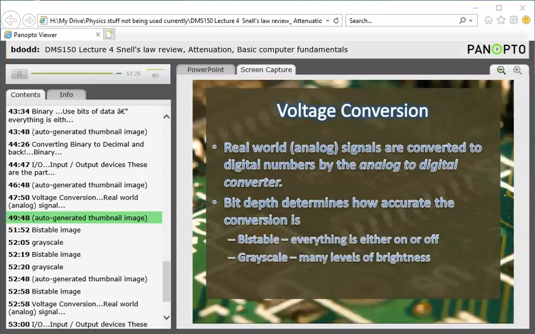If I have a bit depth of 256, then we can see 256 different values. So we're talking about a bit depth, the resolution that the computer is able to see things at. Bistable, everything is either on or off. Grayscale, we have many different levels of brightness.